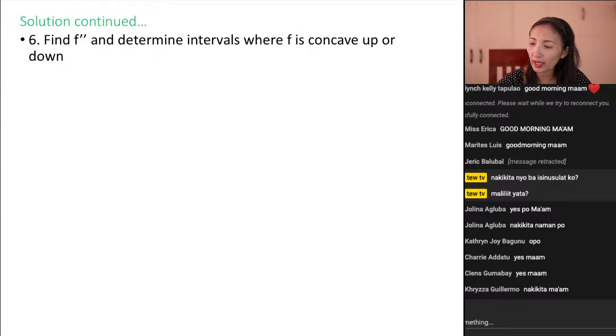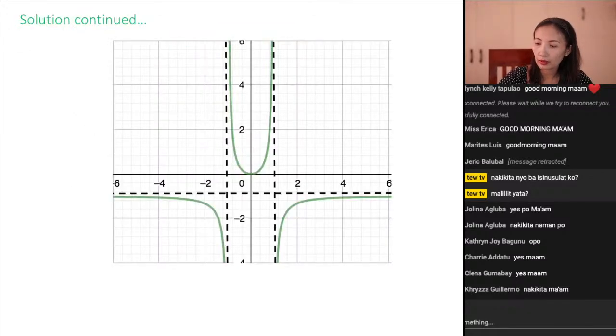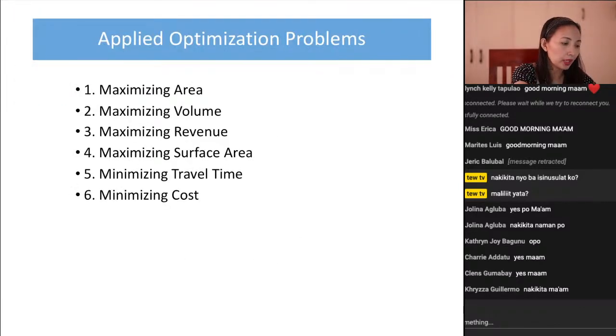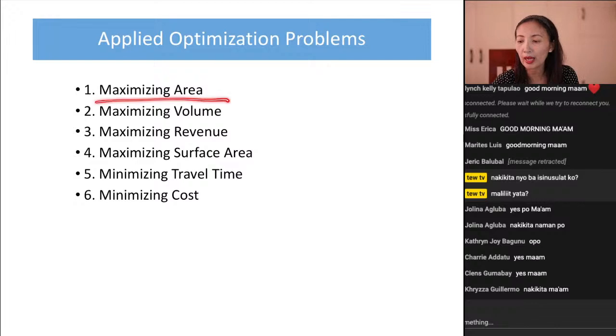Now we proceed to the next. So far we have already discussed some problems on optimizing, maximizing area. For example, I gave one example on maximizing volume, maximizing the amount of material.